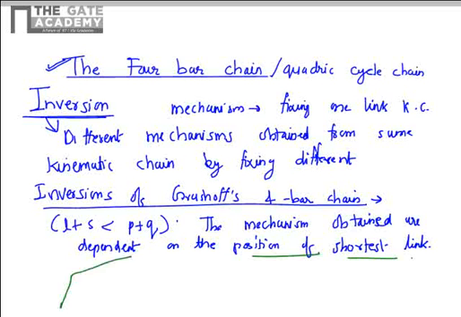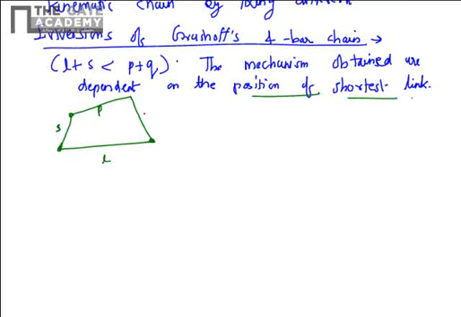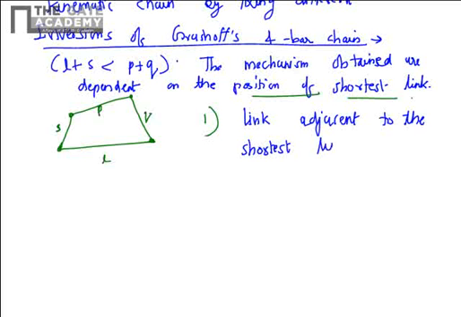For that, I'll just sketch a Grashoff mechanism here. So this is the shortest link, this is the longest, these are the other two links. So the first category is the one where the link adjacent to the shortest link is fixed.